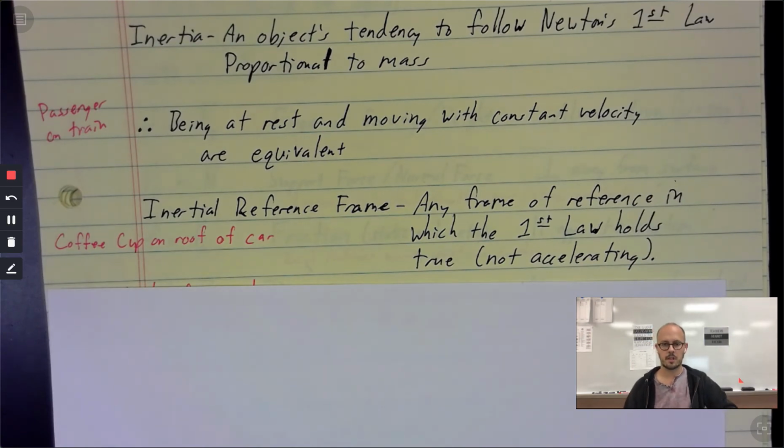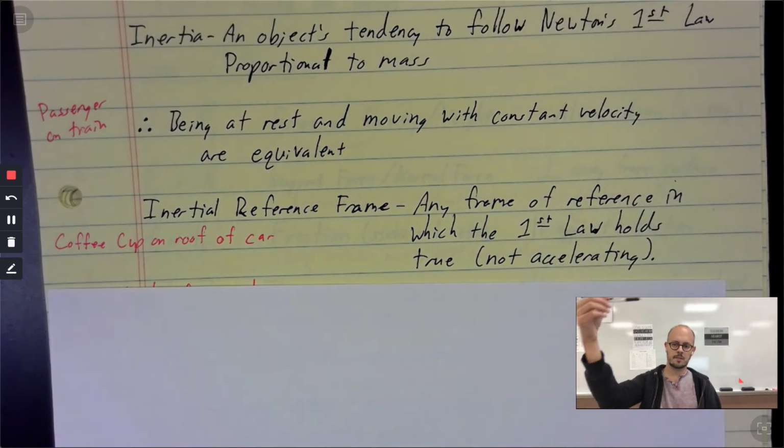Now, Newton's first law would say about the coffee cup that it continued to move straight ahead because there was no net force acting on it. So it obeyed Newton's first law by just continuing at approximately the velocity of the car as soon as I stopped the car. After that, Newton's first law was also being obeyed because as soon as the coffee cup was no longer above my car, it starts to fall.